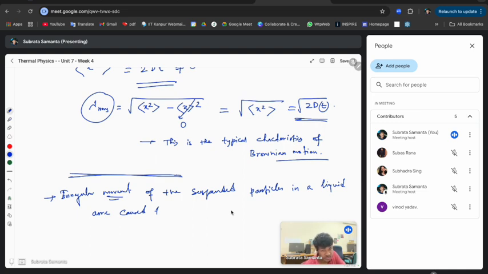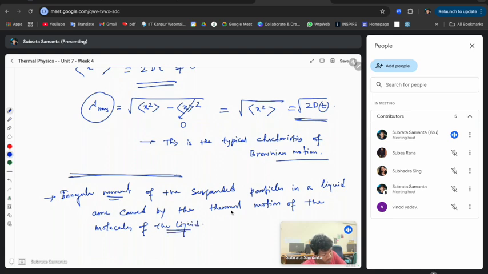Okay, a typical example of Brownian motion is caused by the thermal motions of the molecules of the liquid. So what is thermal motion? Thermal motion of the molecules of the liquid.